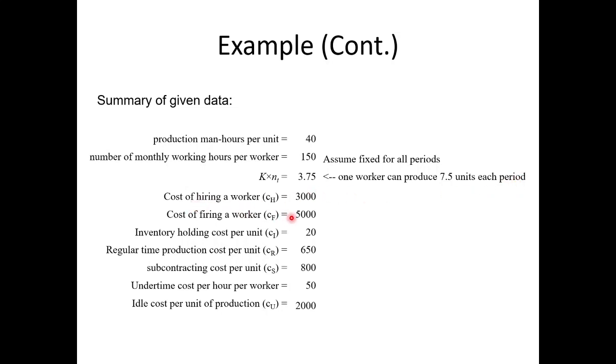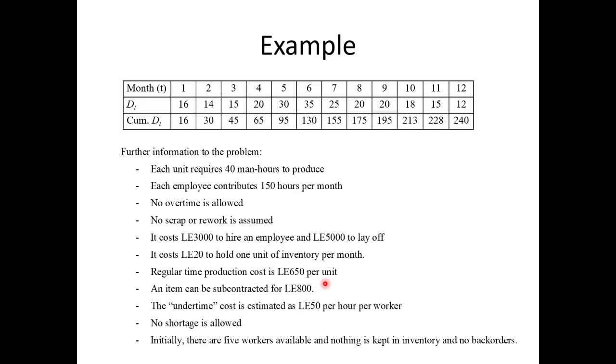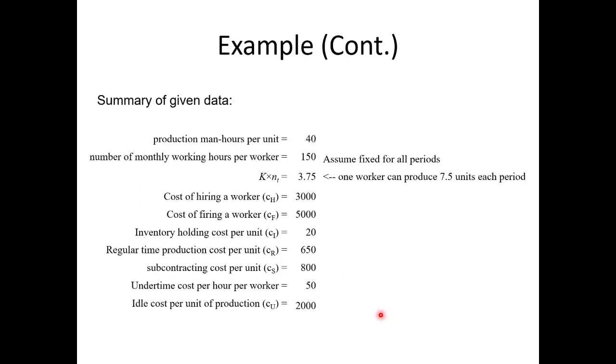Cost of hiring a worker and cost of firing a worker are already given. Then inventory holding cost, regular time production cost, subcontracting cost per unit, undertime cost, and idle cost. Now again, remember this idle time cost is 50 per hour per worker, so we need to use the correct units when we do our calculations.